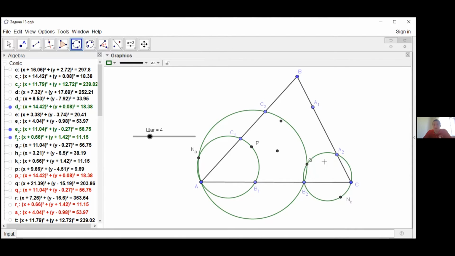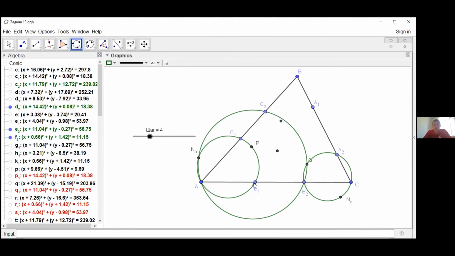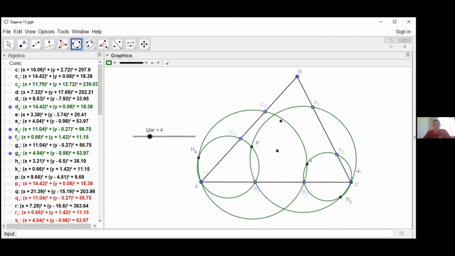And I will try to establish all the statements in this problem in another way, using these circles only, and possibly angle chasing. Basically this construction uses only circles and lines, and it's natural to expect that it could be solved by elementary methods only.